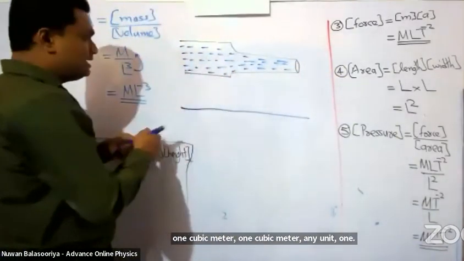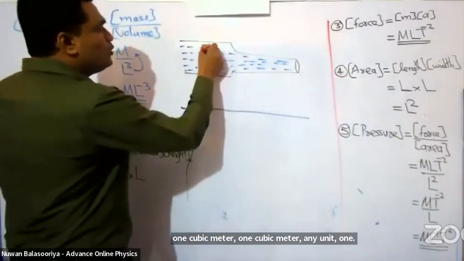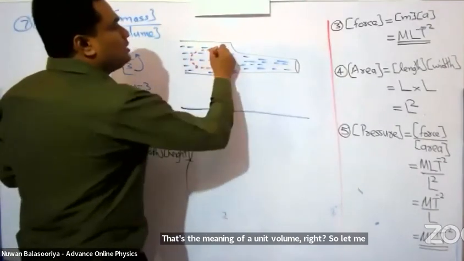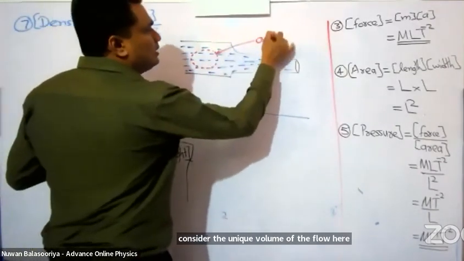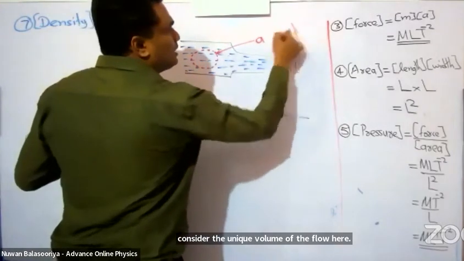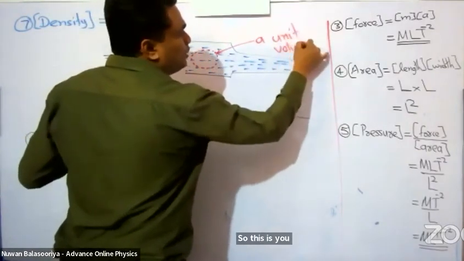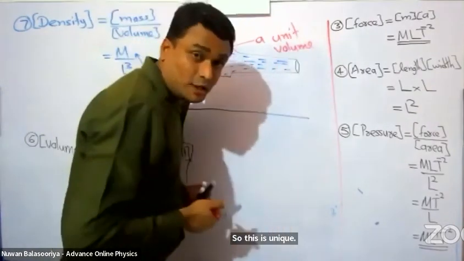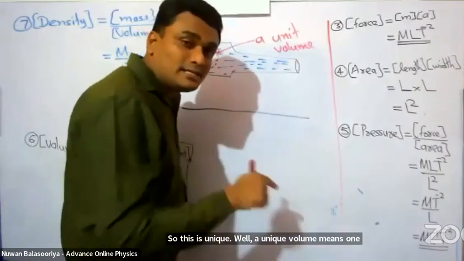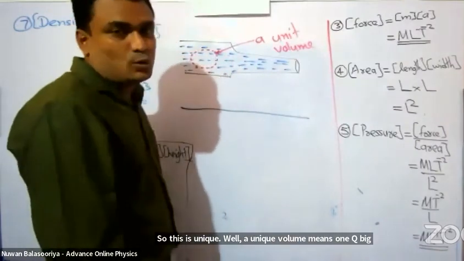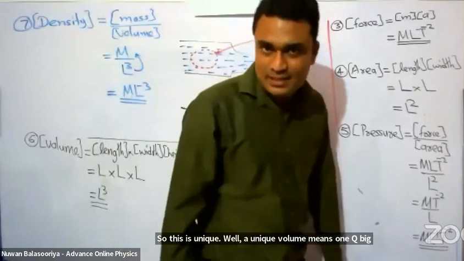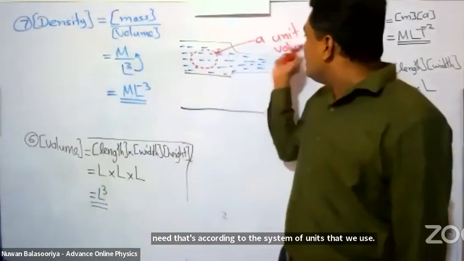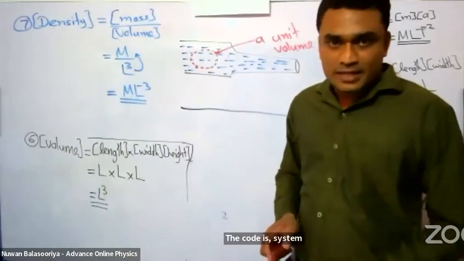So let me consider a unit volume of the fluid here. So this is a unit volume. A unit volume means 1 cubic meter according to the system of units that we use. According to the SI unit system, a unit volume means 1 cubic meter.